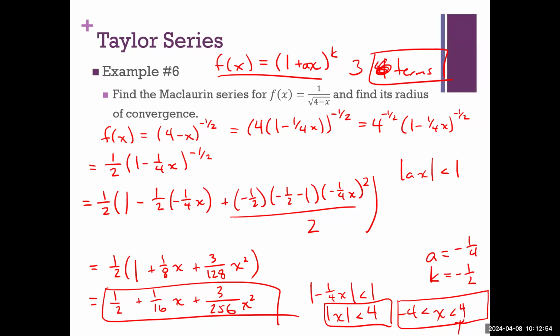But then we had to factor out this 4. Why did we have to factor that 4 out? We need to follow the geometric series formula. It's not a geometric series, but you do need that 1 in the first term there, kind of like you do with a geometric series, but that's more coincidental than anything. This is not a geometric series, so you need that 1 there. After we factored out that 4, we got the coefficient of x to be -1/4. So that's where that a comes from: the coefficient of x when we get it into a form where we can do this binomial expansion.